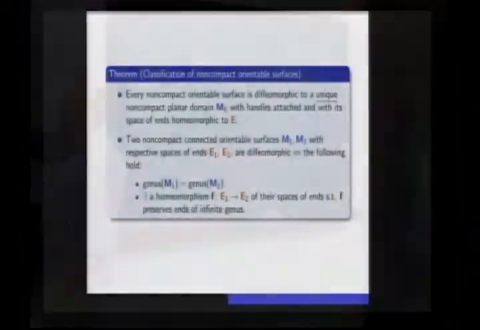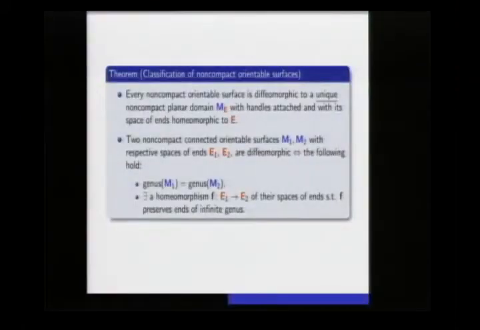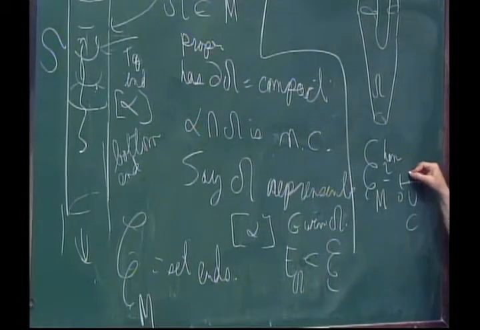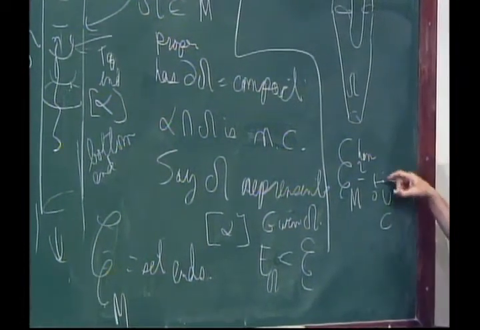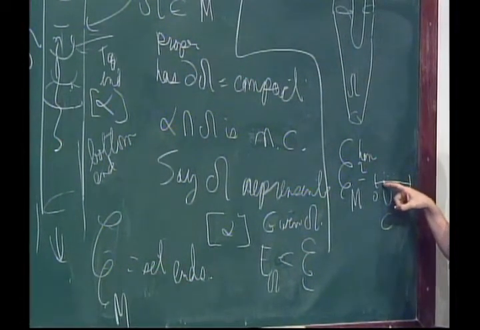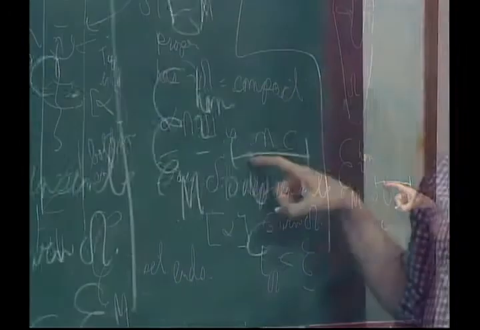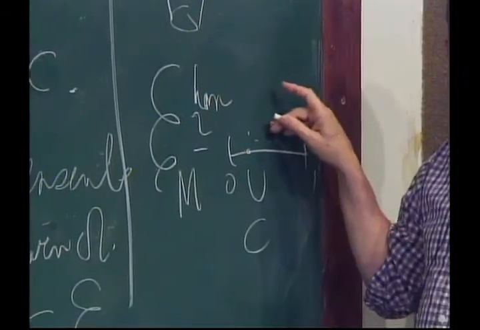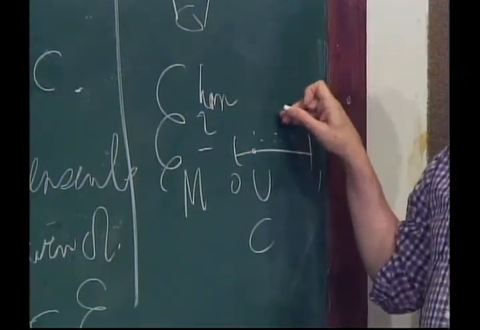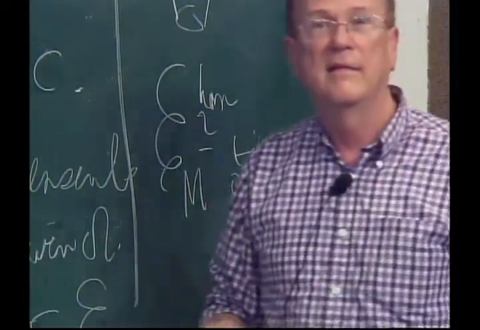So you need this homeomorphism not just to be a homeomorphism between these compact, totally disconnected subsets of the unit interval, but we need associated to each of those points a number which is either 0 or infinity. And we need the homeomorphism to preserve those two kinds of sets. So it sends genus 0 ends to genus 0 ends, infinite genus ends to infinite genus ends.